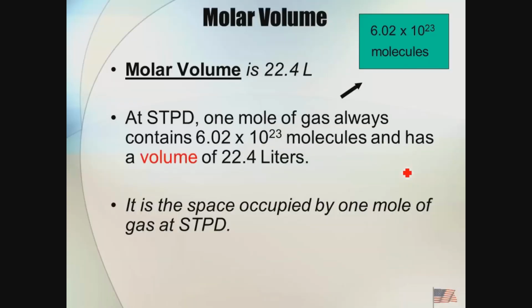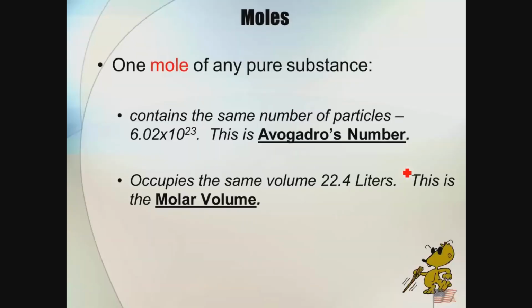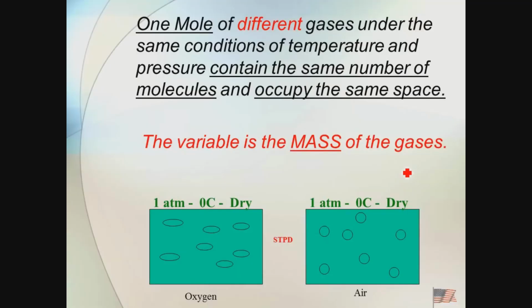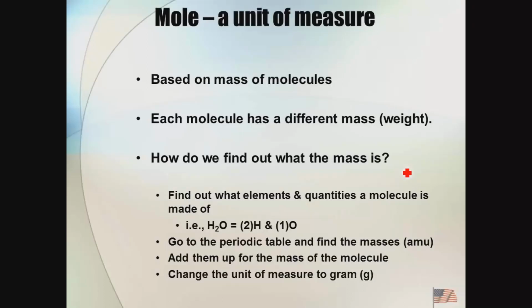The volume is always 22.4. What is different between the individual gases is the molecular weight or mass that they each have. So this mole thing is based on the mass of the molecules. And we know that every molecule has a different mass.